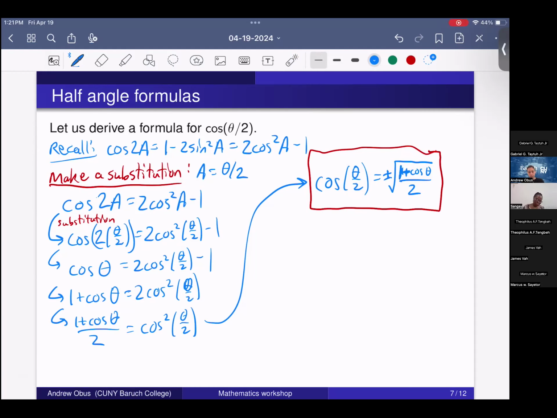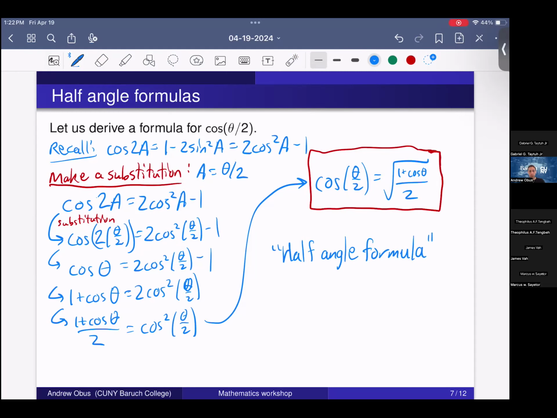And so let me just rewrite this so it's a little neater. Plus or minus the square root of 1 plus cosine of theta divided by 2. Okay, and this is what's called the half angle formula. Okay, is that okay?